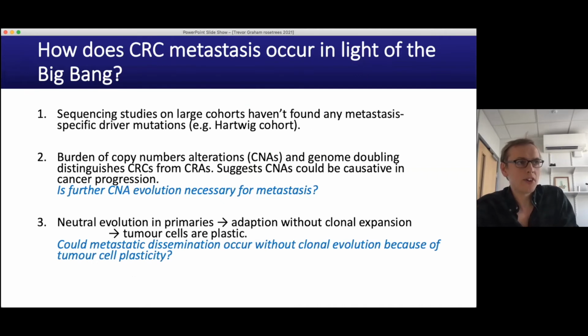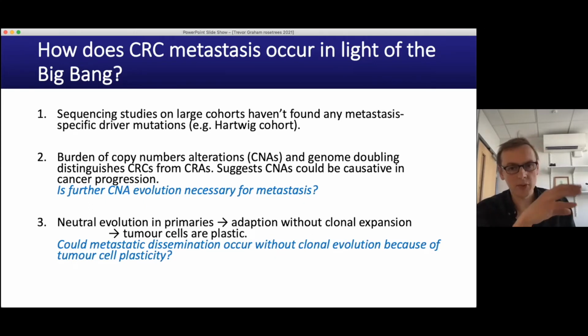And so how do we reconcile these insights with our understanding of how metastases might develop, or hypotheses about how metastases might develop? Well, if we look at points 1 and 2, 1 says the burden of SNVs in primary tumors is the same as precancers, so perhaps SNVs are not so causative in the development of primary tumors.